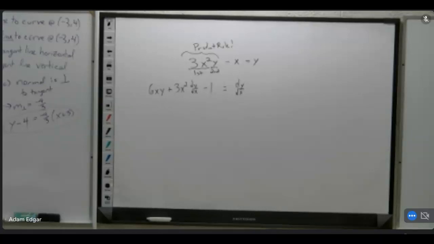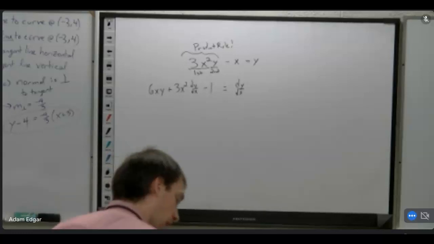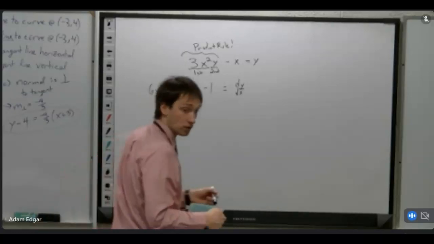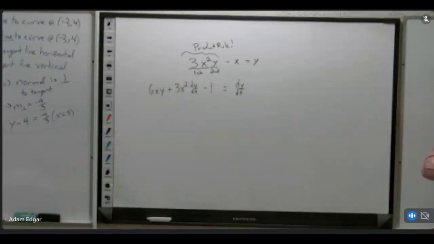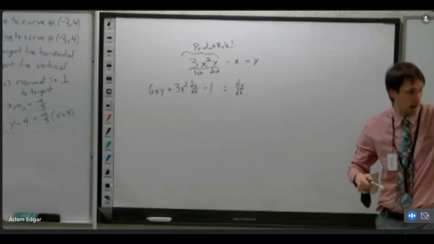That's good. So you're pretty close. You're almost there. That should be a positive 1 on the bottom. You're missing a 1 minus 3x squared.